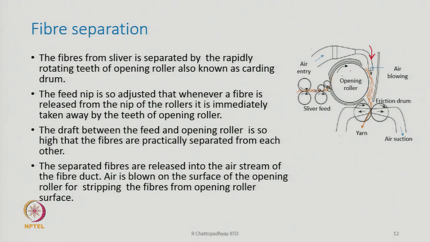Then only the air will be able to remove the fibers from the surface of the opening roller, and then these fibers will be approaching the friction drum, because they are going to get deposited on the surface of the drum, or almost close to the nip line.